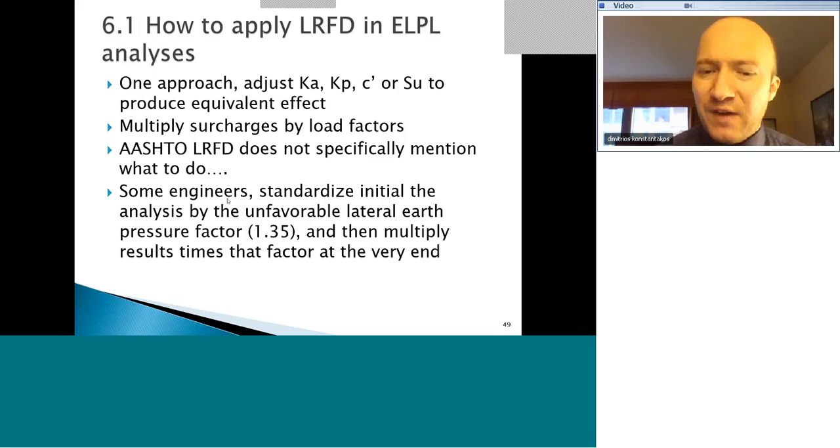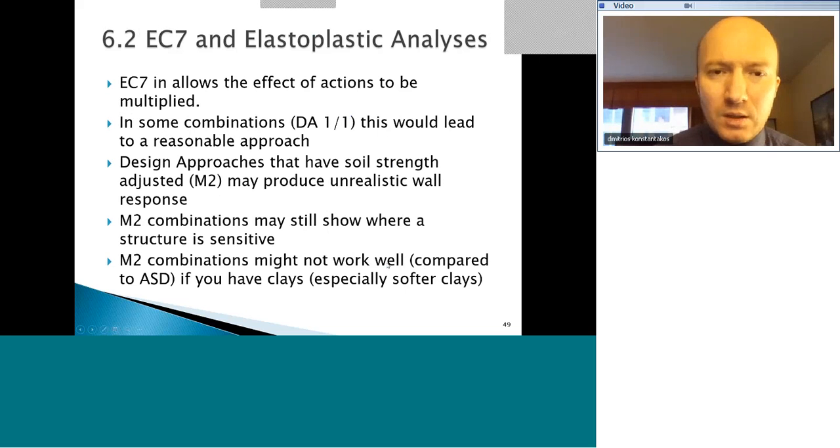And then at the very end, multiply the results times that factor. Eurocode 7 allows you to multiply the effects at the very end. Design approach 1, combination 1 will actually lead to reasonable results, more or less.